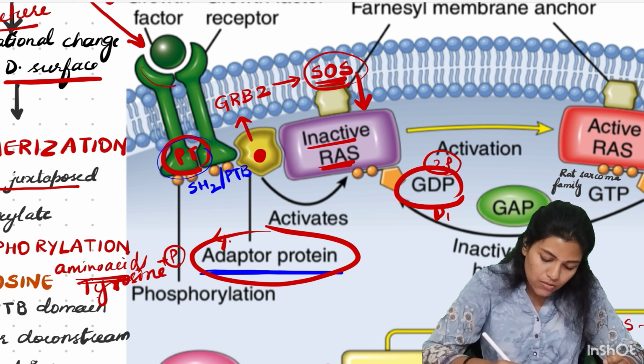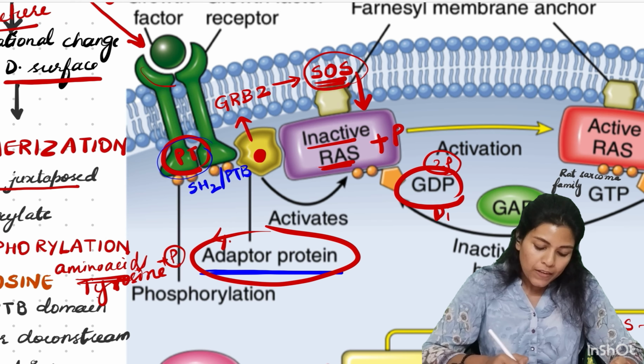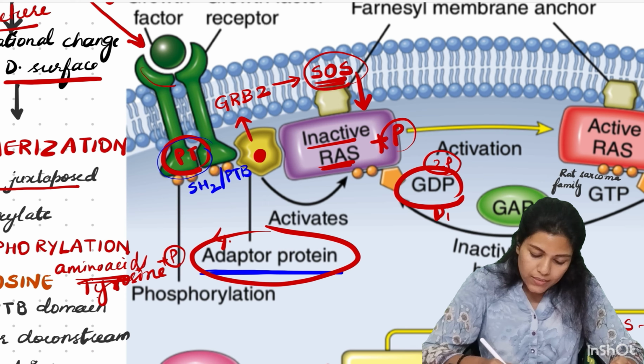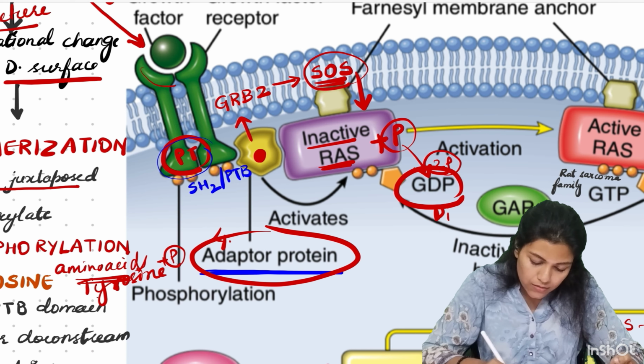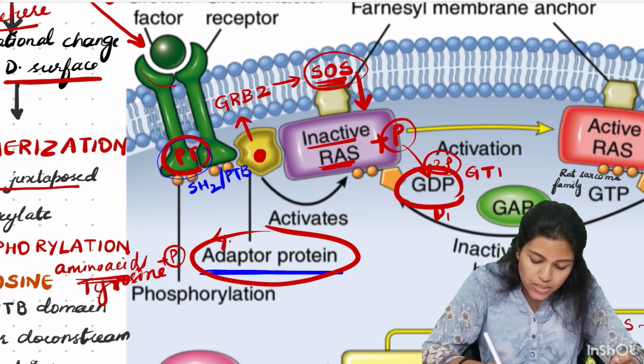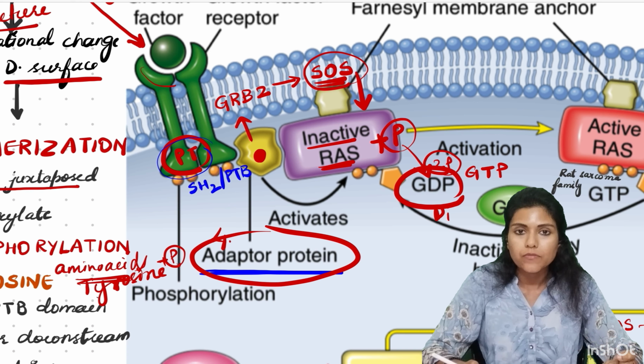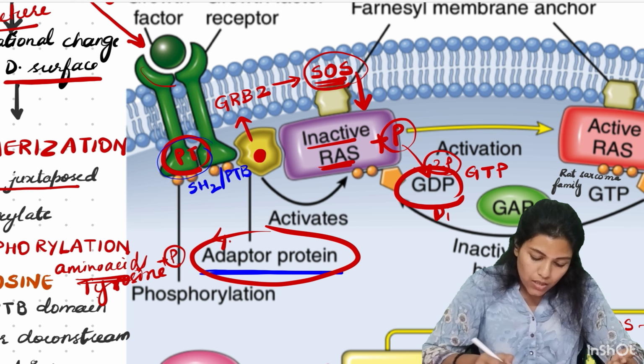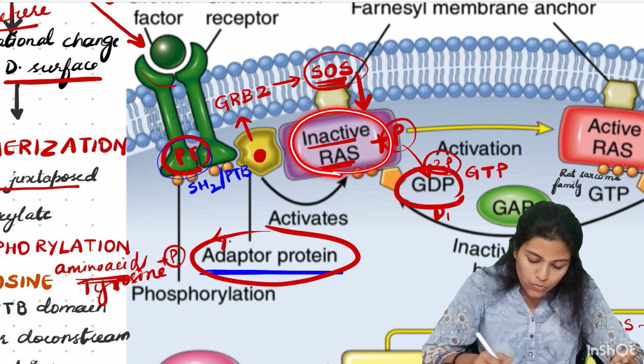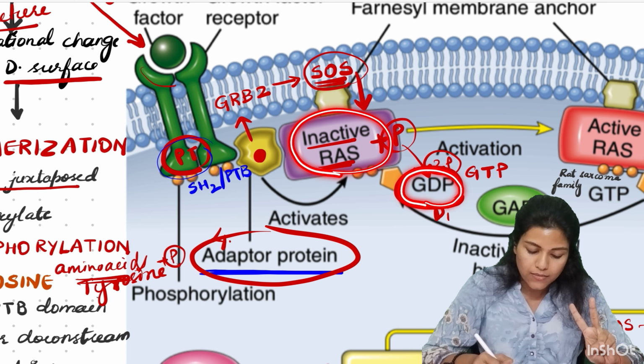So there is addition of one phosphate by this SOS. That means the phosphate is now bound to GDP. Now it has become a triphosphate. That means GDP will become GTP because of the addition of phosphate. Here, inactive RAS is bound to GDP with two phosphates.